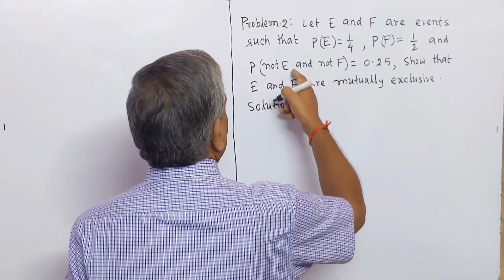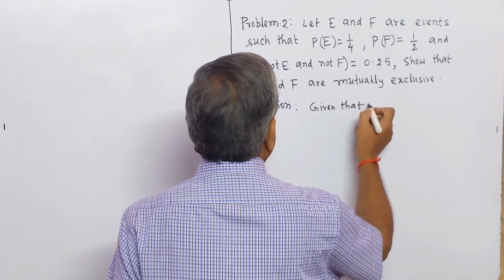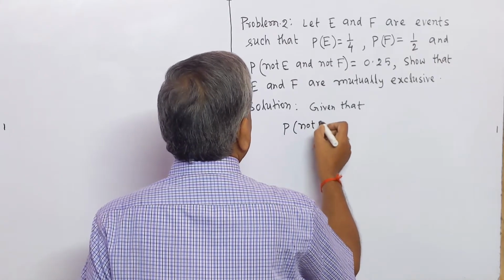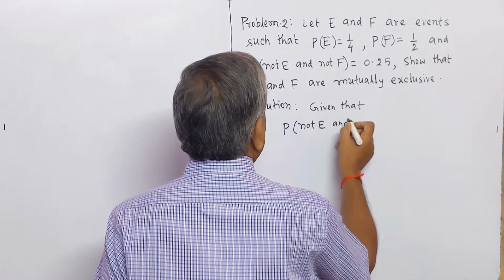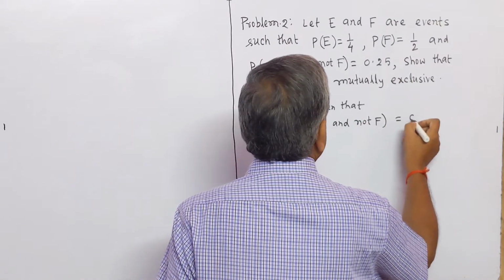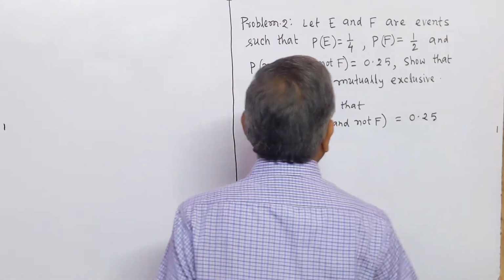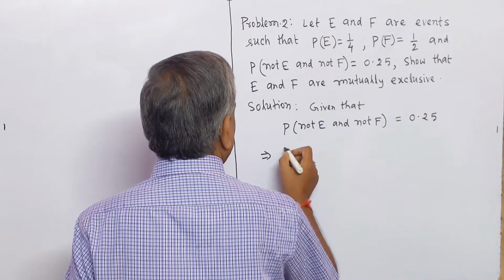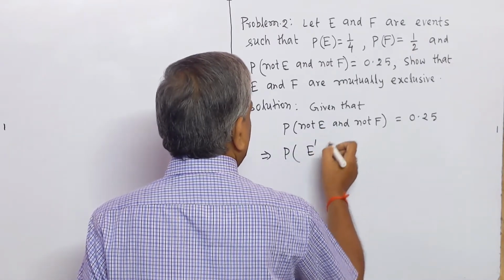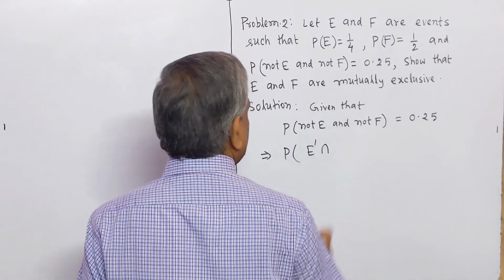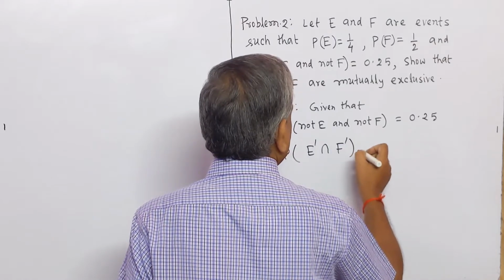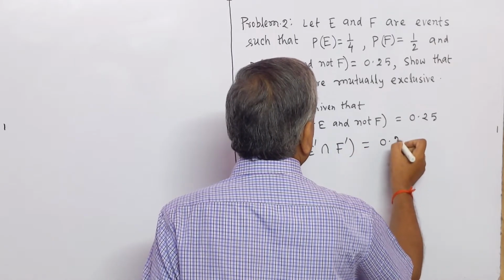Given that P not E and not F equal to 0.25, implies that probability of not E means E prime, and means intersect, not F means F prime equal to 0.25.